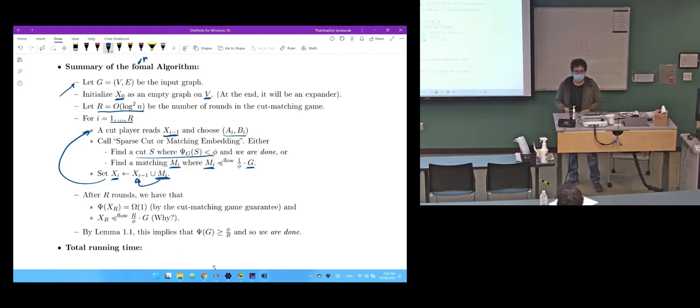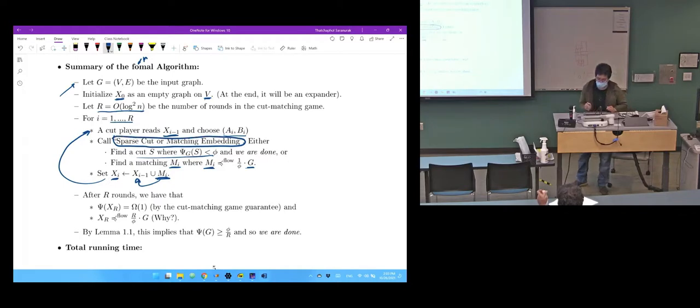You're just simulating the matching player. So this sparse cut or matching embedding subroutine simulates the matching player in the cut matching game. But how the cut player chooses a cut is to really use the algorithm from the previous lecture.